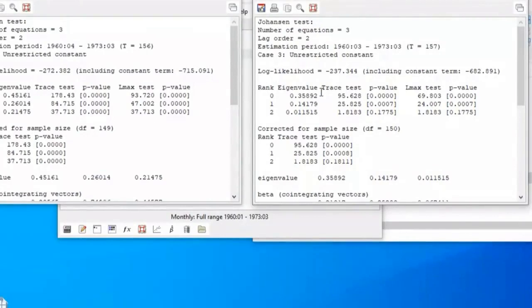If we have 3 variables, for example, the first equation, consumption, will be given in terms of its own past values and the past values of income and inflation. This is different from ARDL. In the ARDL model, we include the present value of the variable also.